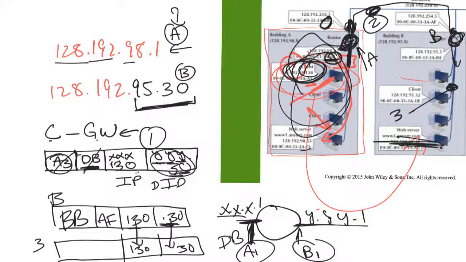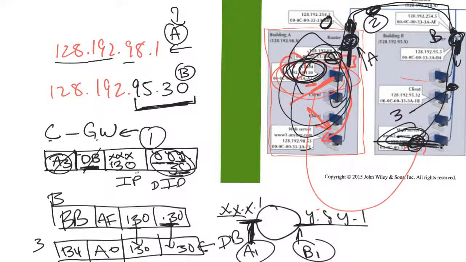The MAC address leaving this NIC over here, this link over here, will be B4. The destination MAC address will be the MAC address of the server, which is A0. The web server in building B gets this message, and it repeats the process by sending the message all the way back to router A, and then router A will send it to client A.